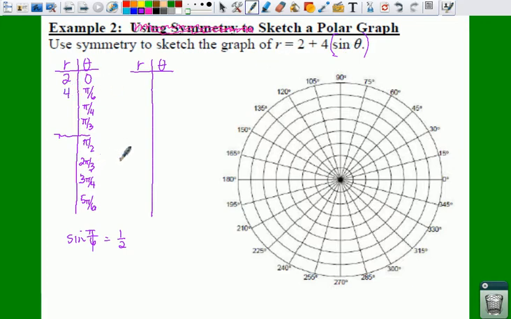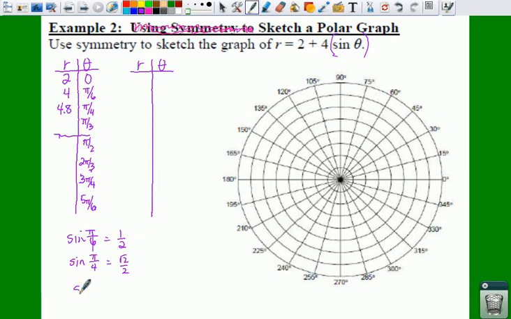And then let's do a pi over 4. The sine of pi over 4 is radical 2 over 2. So if we take 4 times radical 2 over 2, that's a 2 radical 2. And a 2 radical 2 plus 2 gives us a 4.8.